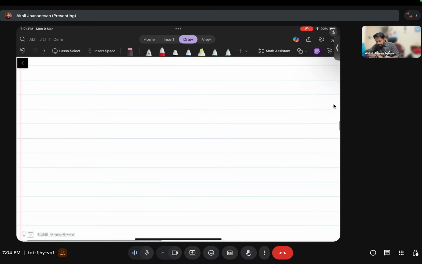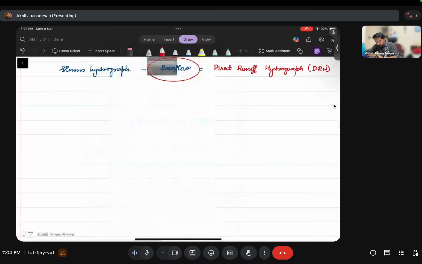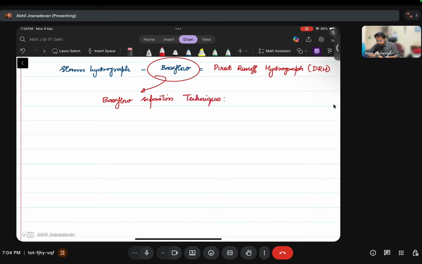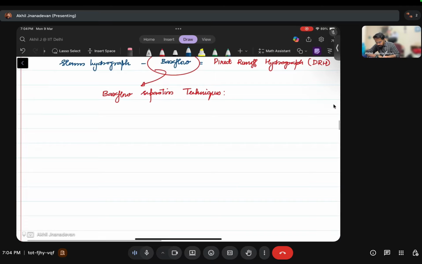This particular technique is called base flow separation techniques, right? One of these methods is the straight line method.